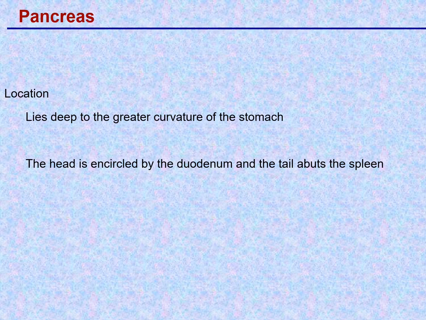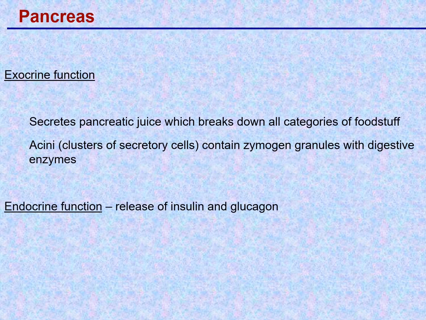Meanwhile, the pancreas, which is also an extremely important accessory digestive organ, part of the digestive system, just like the liver is an accessory organ, has an important role. It has two types of tissue in it, exocrine and endocrine.